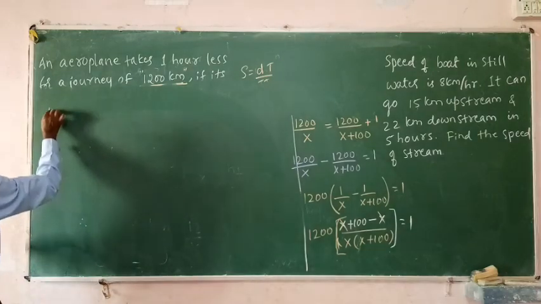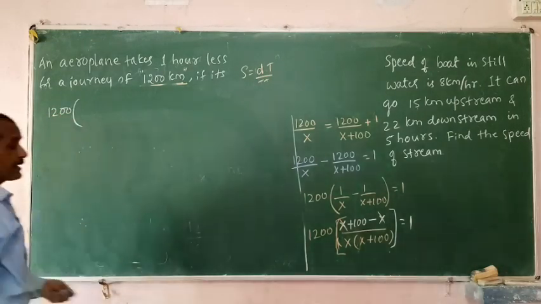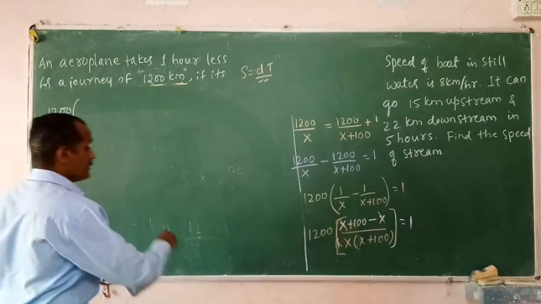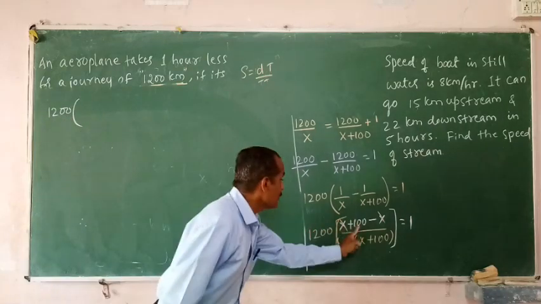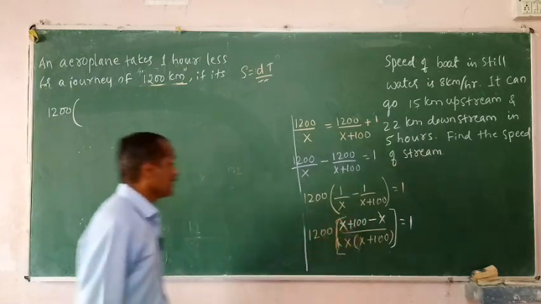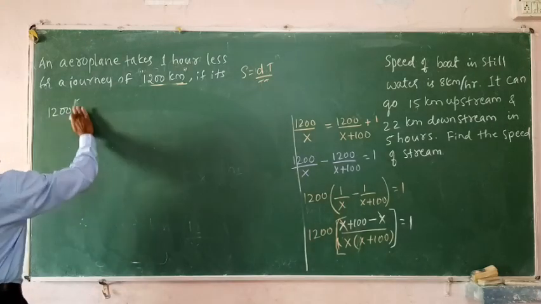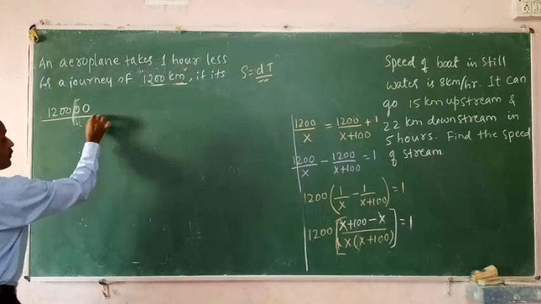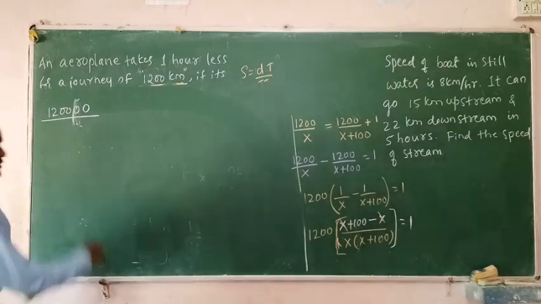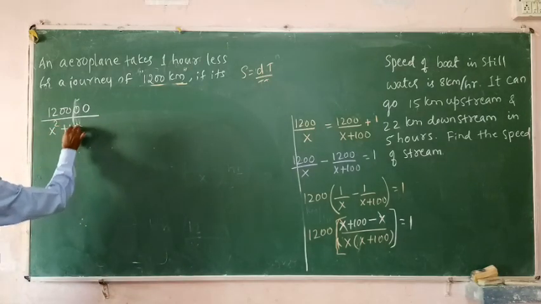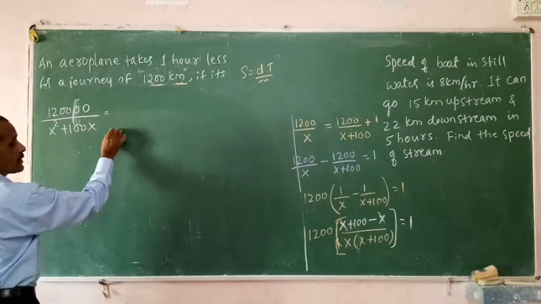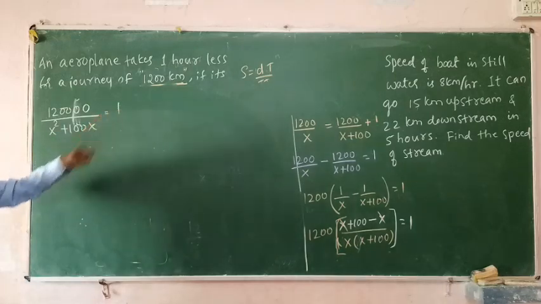1200 into 100. That gives you again 2 zeros, divided by x square plus 100x is equals to 1. Cross multiply.